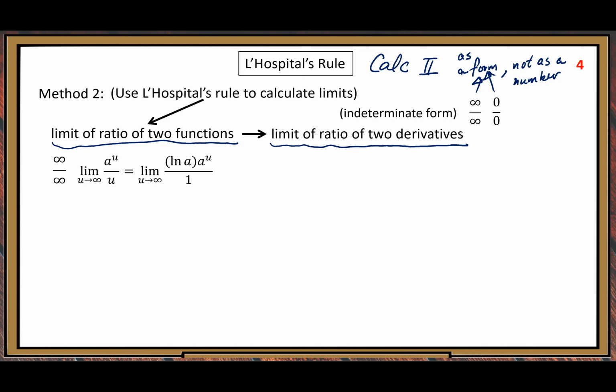For the denominator u, its derivative is 1, by the power rule.